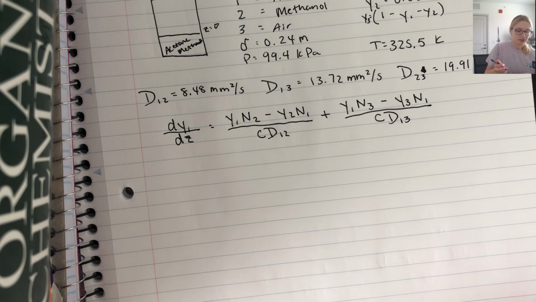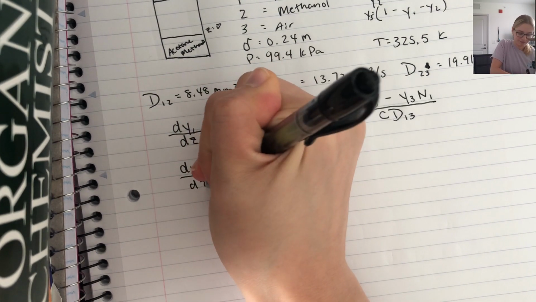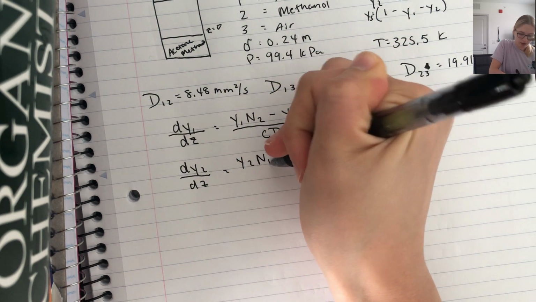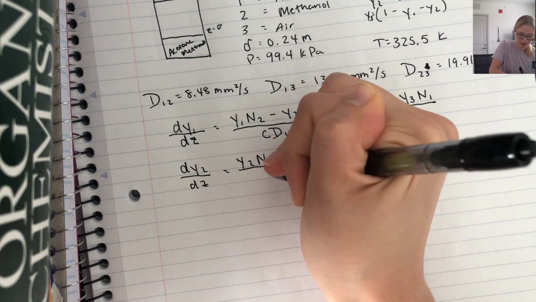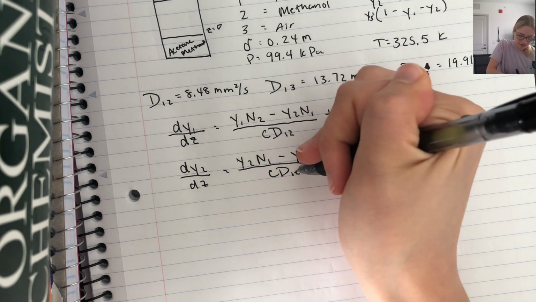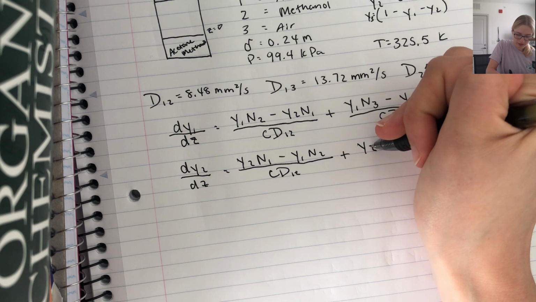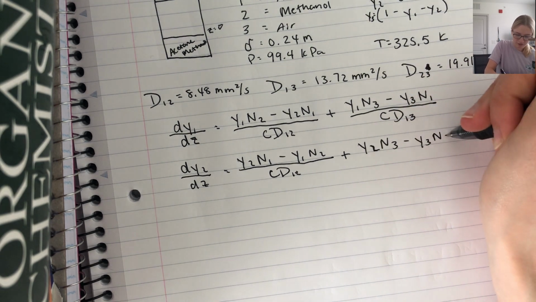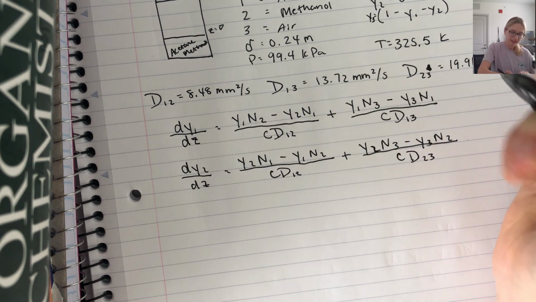We can write our second relationship for the change in mole fraction of component 2 with respect to Z. So we get Y2 times N1 minus Y1 times N2 all over concentration times Maxwell-Stefan coefficient D12, plus Y2 N3 minus Y3 N2 all over concentration times D23.